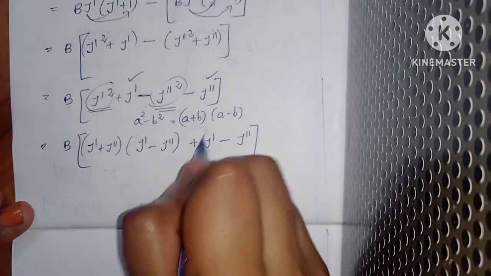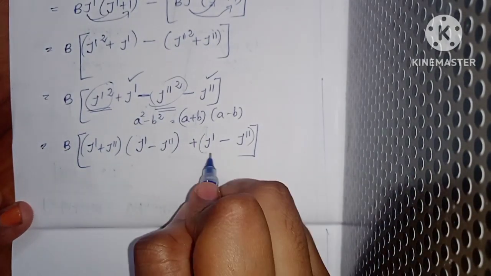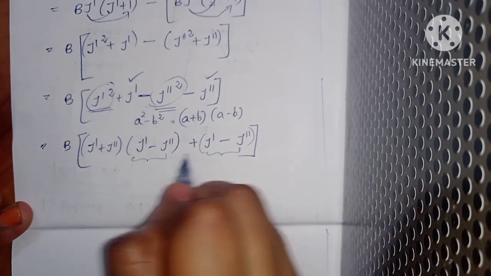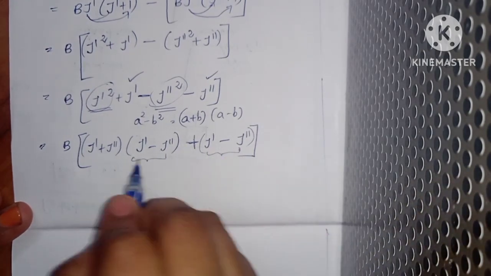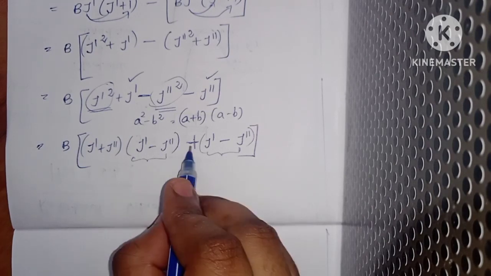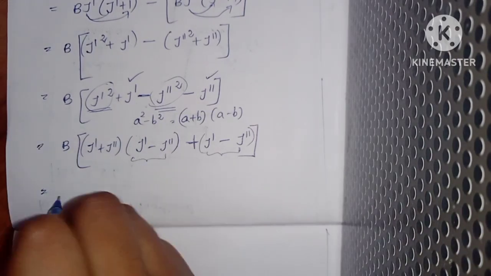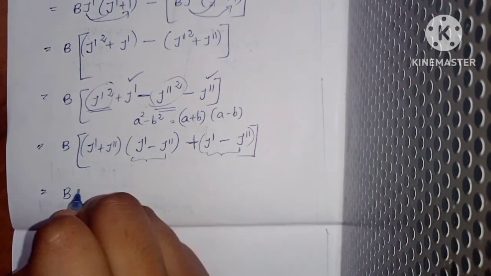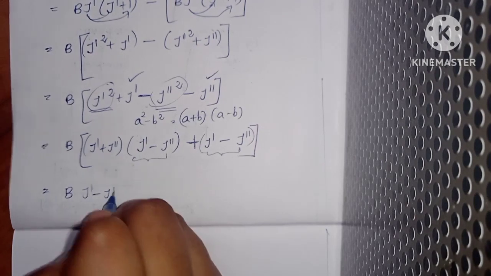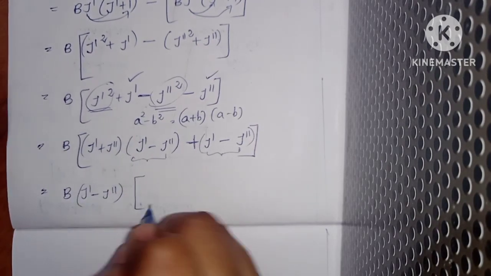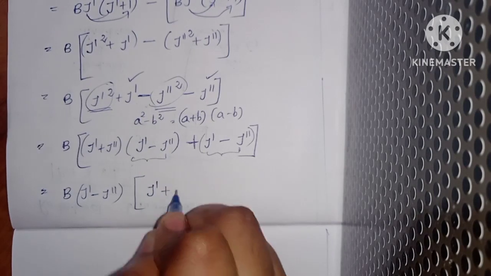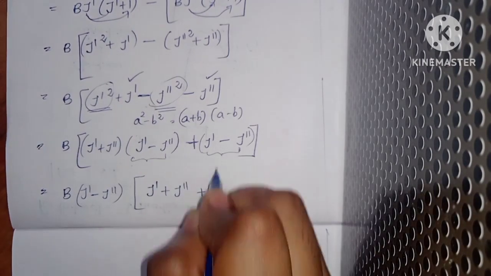Now we can see that the term J dash minus J double dash is common in both the terms on either side of the plus. So we are taking this J dash minus J double dash term outside. We will get J dash plus J double dash plus 1.